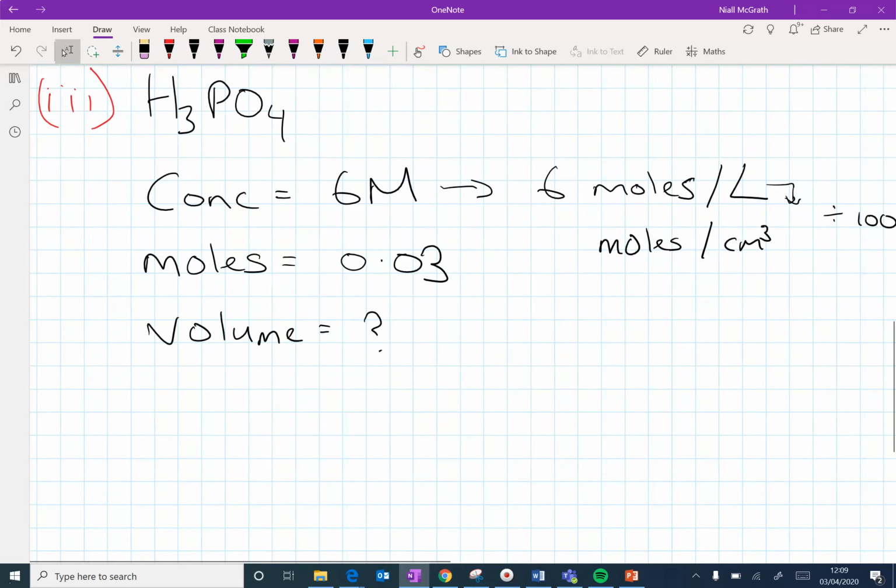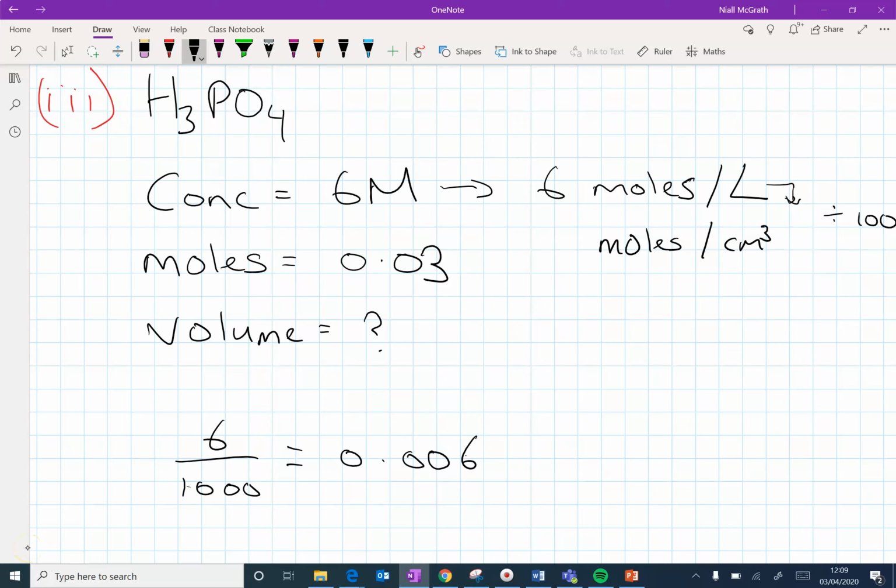So 6 over 1000 gives 0.006, and that's moles per centimetre cubed.